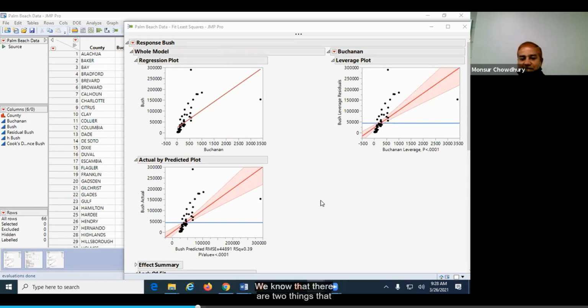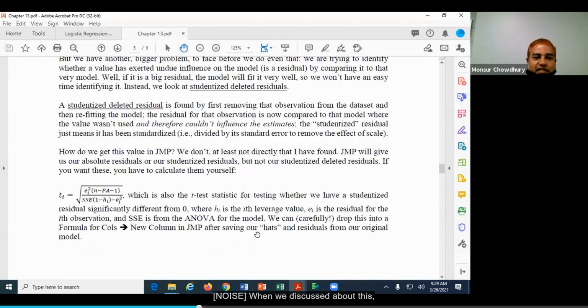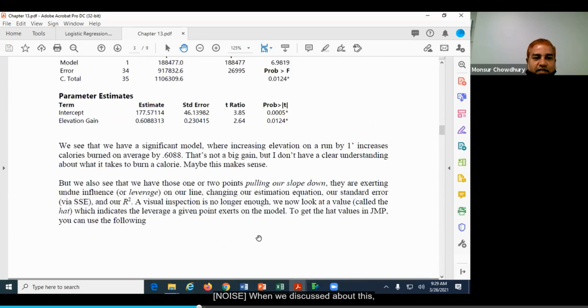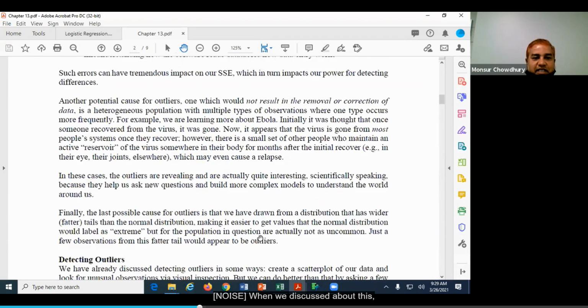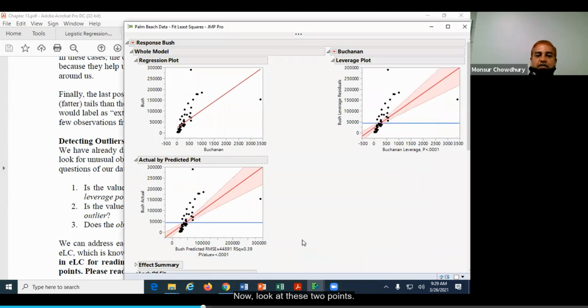So there are 2 things that you have to keep in mind. That's very important. When we discussed this, if the value of our predictor is unusual, we call it a leverage point. If the value of the response is unusual, we call it an outlier. Now, does the observation distort or have an undue influence on the overall regression model? Look at these 2 points.